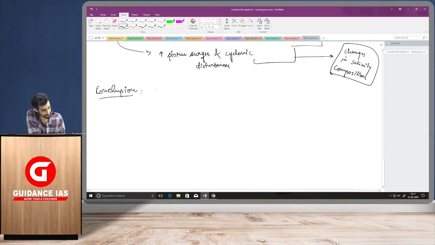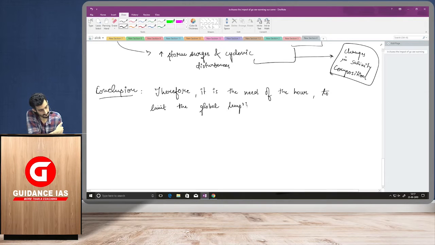But since we can write, therefore, it is the need of the hour to limit the global temperatures to well below 2 degrees Celsius above pre-industrial levels, which is also in line with our Paris climate deal.